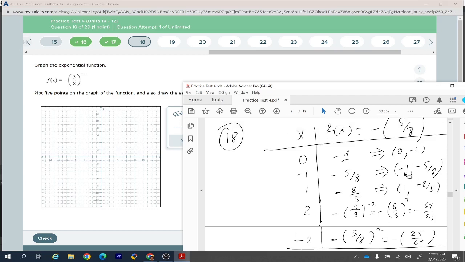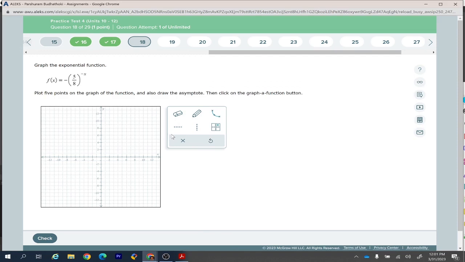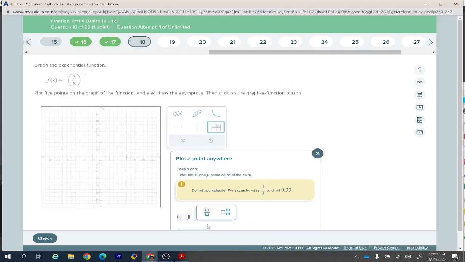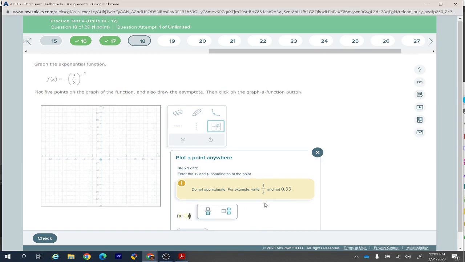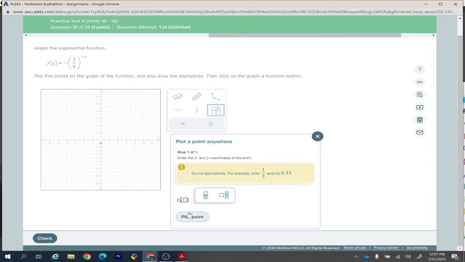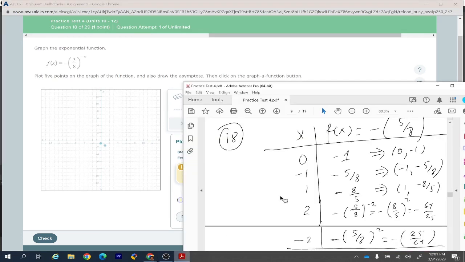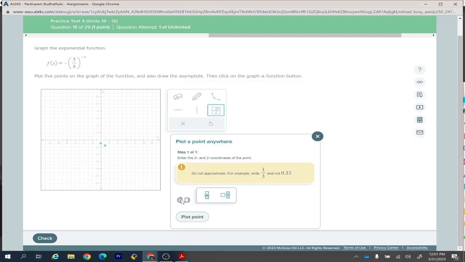So I'm going to plot these values. At 0, the value is -1. At 1, the value is -8/5. If you don't remember that, at -1 it's just a flip of that value, -5/8.